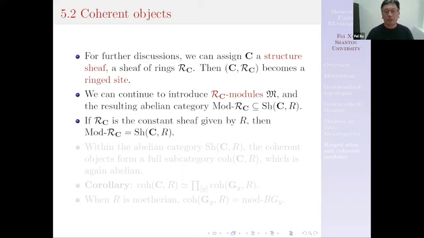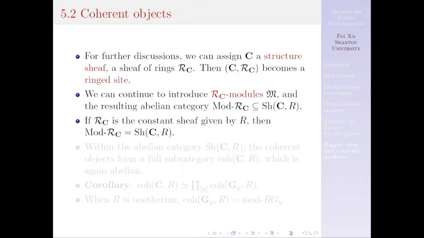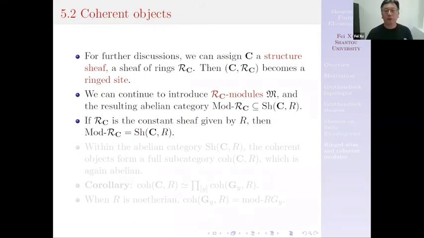If the structure sheaf is the constant sheaf given by R, which means that you take the coefficient ring, then you build the constant presheaf, and then you sheafify it, then you get the structure sheaf, and this is called the constant sheaf. And then in this case, the module category of the structure sheaf is exactly the same as the category of sheaves of R-modules on the site C.